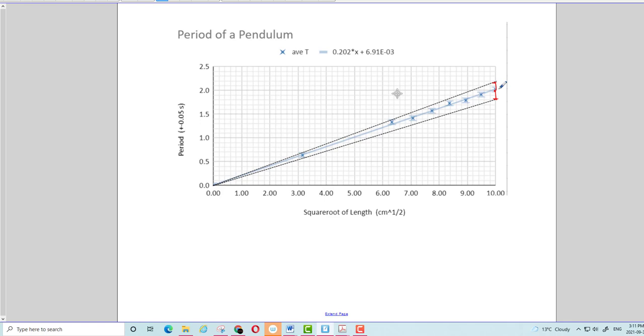Now this becomes kind of useful because you can see, for instance at this point here, that the maximum and min lines are well within the uncertainty bar. But at some other point, it might be such that the data point is right on the edge of a max min line. So it's a little less reliable.